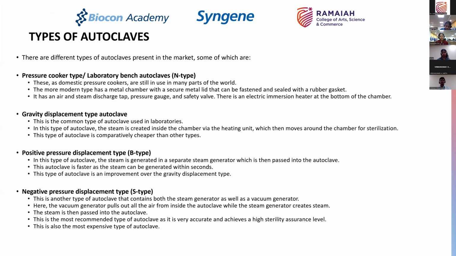You use the vacuum evacuation phase for removal of the air initially from the chamber, and then you add the steam, you do the pulsation of the vacuum to make sure that you have evacuated the air completely out of the system, and then you add in the steam and then carry out your sterilization program.